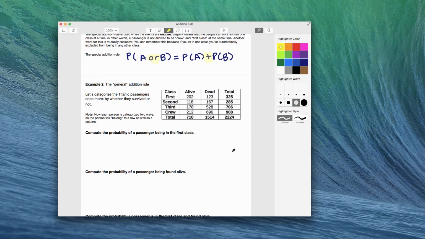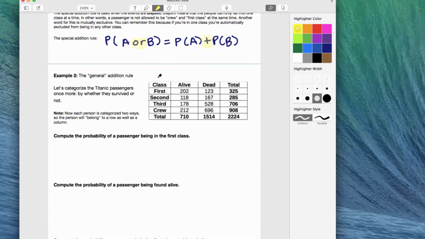We continue our example of the addition rule with example 2, which is using the general addition rule. So now we've taken the Titanic passengers and we've categorized them by a second variable. The first variable was class, and the second variable here is whether they were alive or if they died on the Titanic.